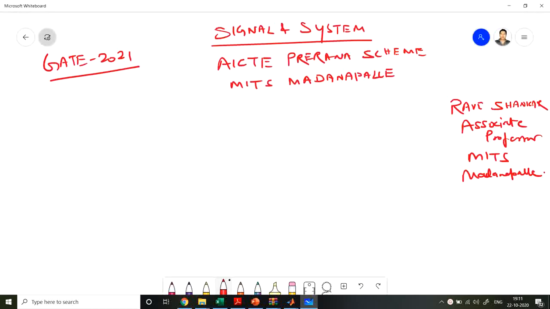In this class we will do problems related to the Laplace transform for continuous time LTI systems. So let us do this problem.